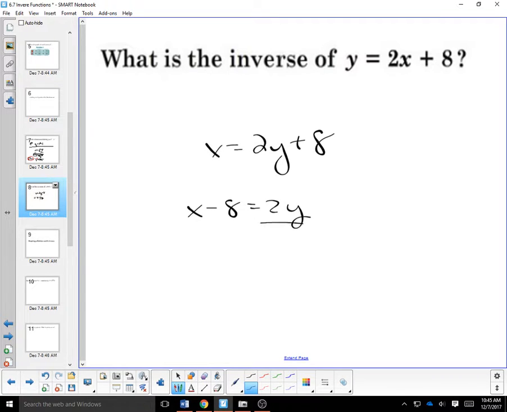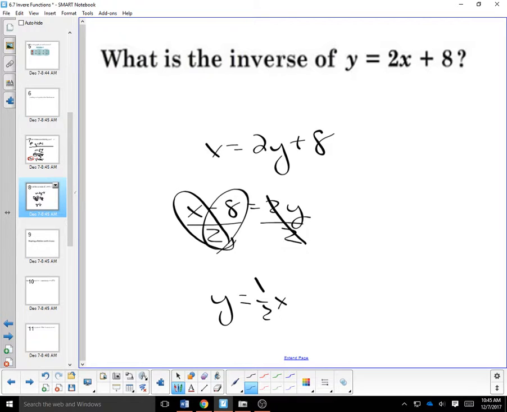I'm going to divide both sides by 2. So I've got y equals on the right side. This quotient is 1/2 x, and this quotient is negative 4. So y equals 1/2 x minus 4.